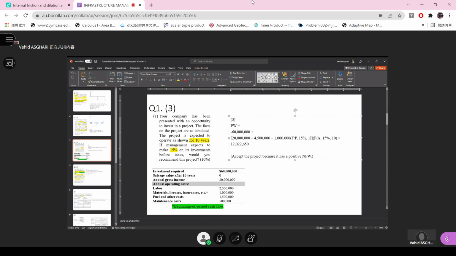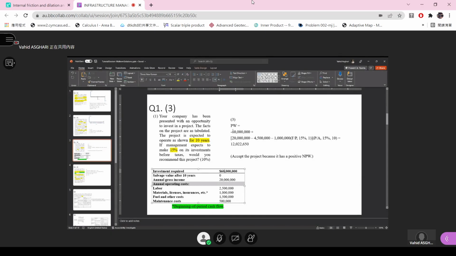So it will be simply finding the future value based on the present value with 15% and 1 year. Why 1 year? Because it's like one period. We want to find the equivalent amount at the end of the period. That was the only tricky part. Apart from that, it was quite easy. Why?